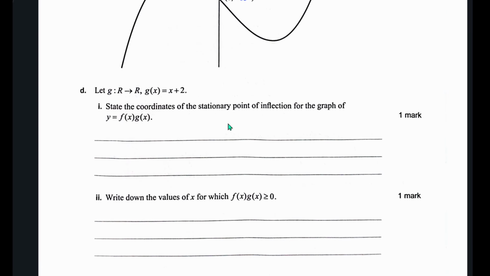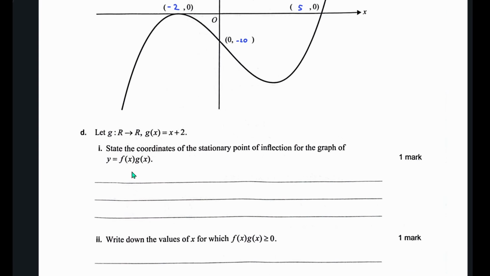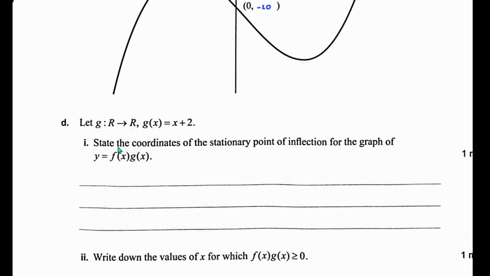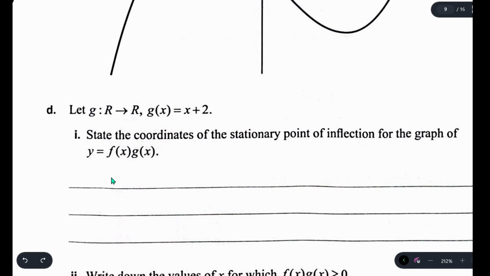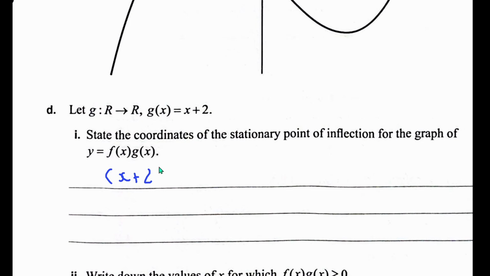State the coordinates of the stationary point of inflection. So f of x is being multiplied by x plus 2 again. So we have x plus 2 squared x minus 5 being multiplied by x plus 2 again.